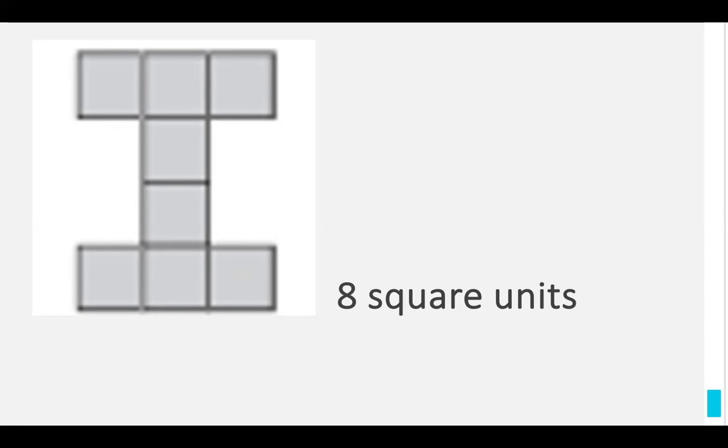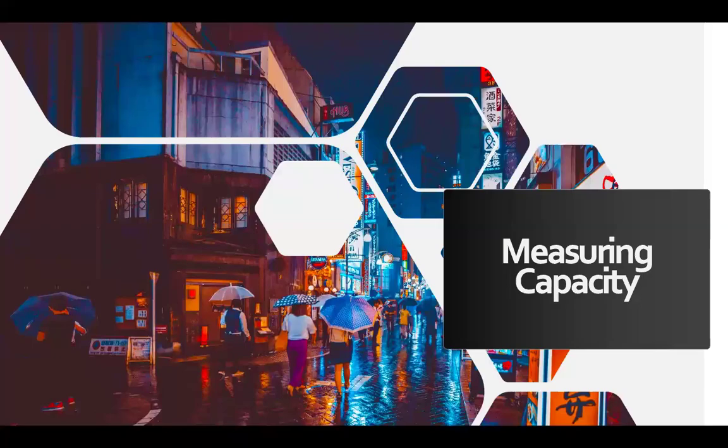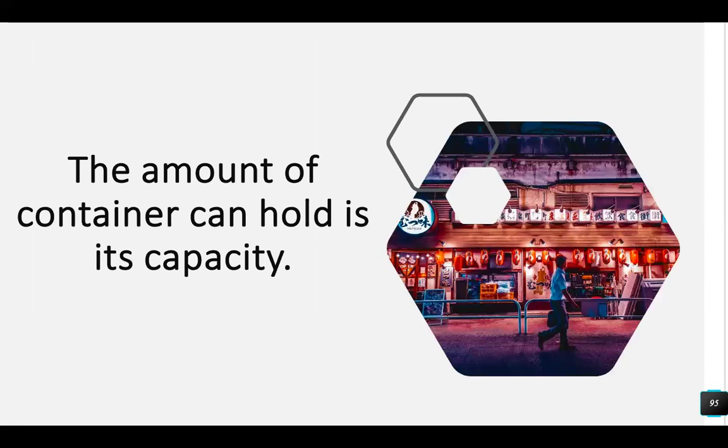The second lesson is measuring capacity. The amount a container can hold is its capacity. So you see the bottle of soft drinks, bottle of water, your water container, that holds its capacity.